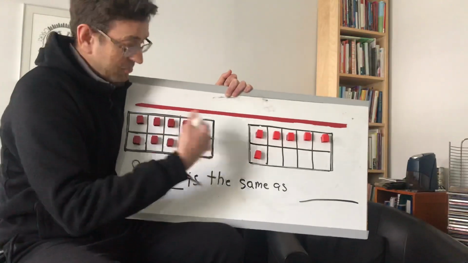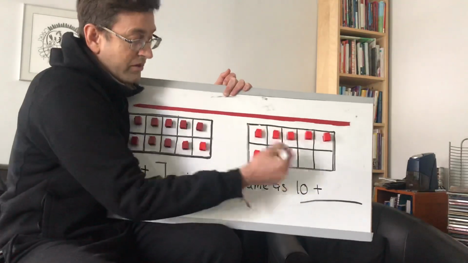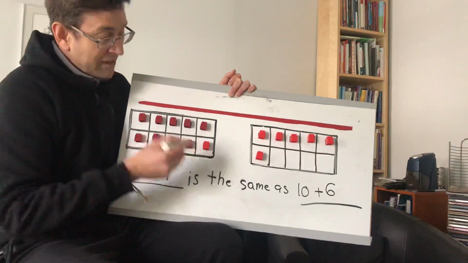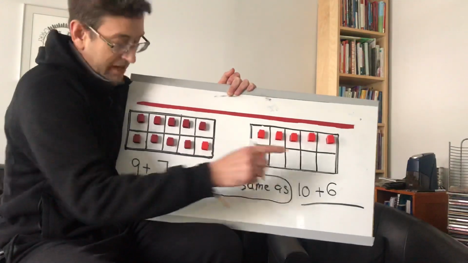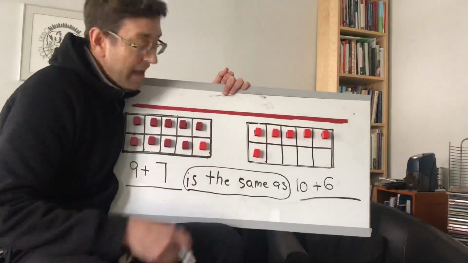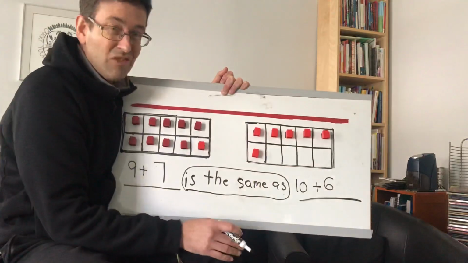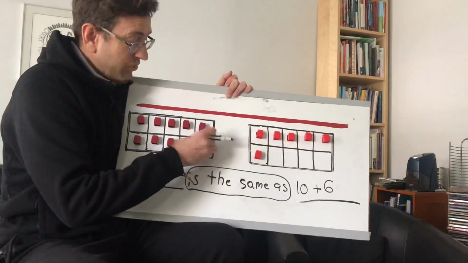And so now this problem is 10 plus 6. 1, 2, 3, 4, 5, 6. So 9 plus 7 is the same as 10 plus 6. They're the same. And we know that 10 plus 6 is 16 because you would take that 6 and hide the 0. So that's another way of looking at that problem.